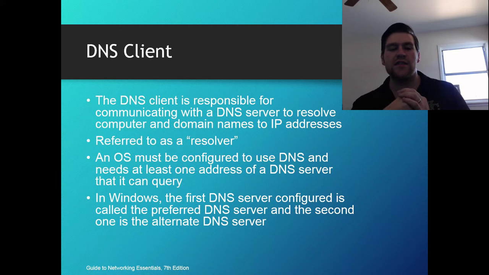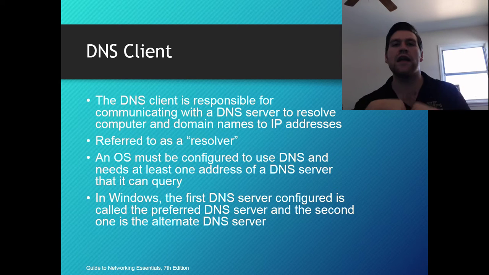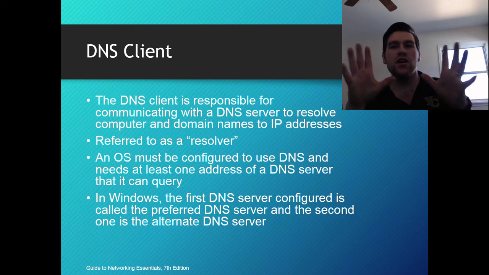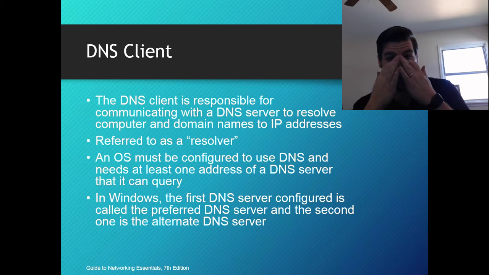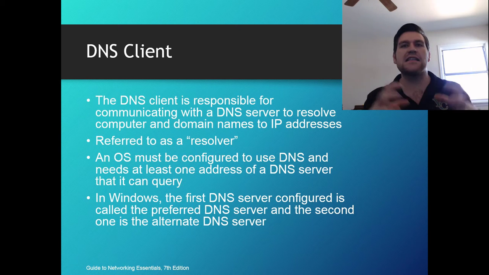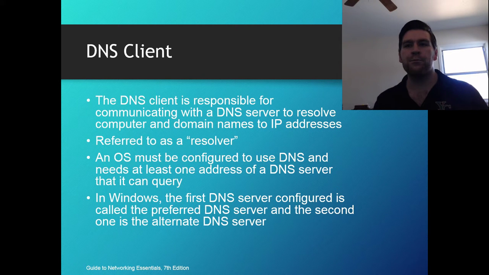It checks the resolver cache stored locally. If it doesn't find it, then it begins to go to its DNS server. The DNS server that's local might not have that information stored, so it's going to go into the DNS system. We'll break that down when we look at that particular slide. But each DNS client is going to send out a resolver when it's trying to find a domain name on the internet.